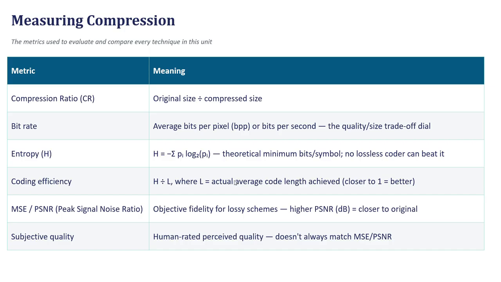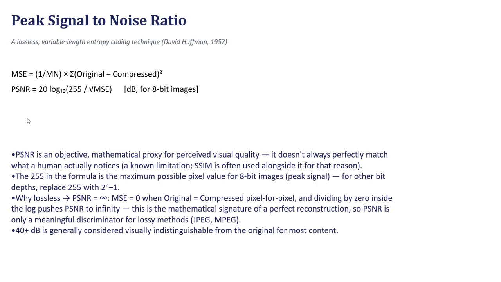Another measure that gets used is PSNR, peak signal to noise ratio. This PSNR is an objective mathematical calculation. The formula is 20 log to the base 10 of 255 divided by root MSE. The 255 in the formula is the maximum possible pixel value for 8-bit images.